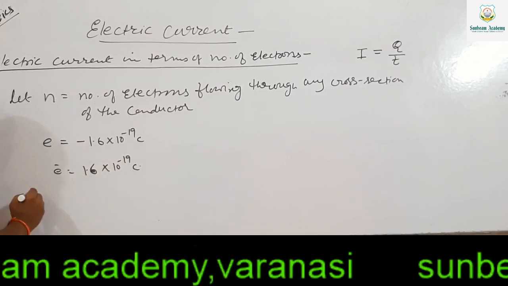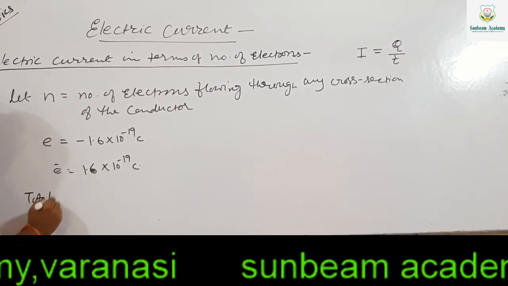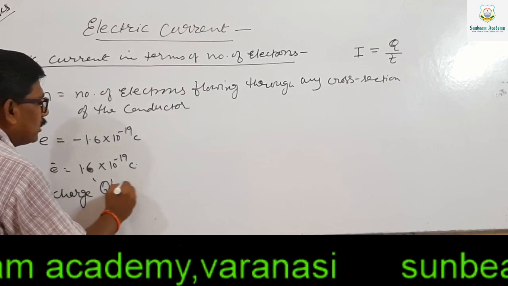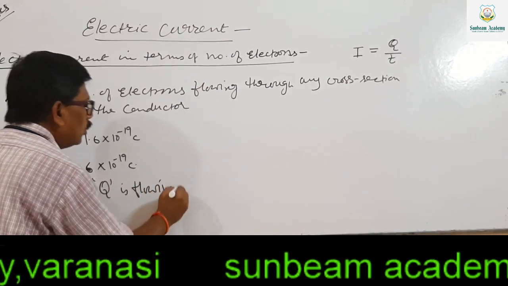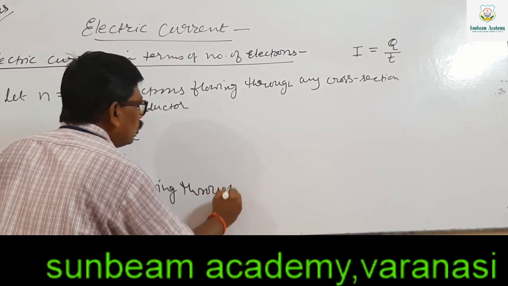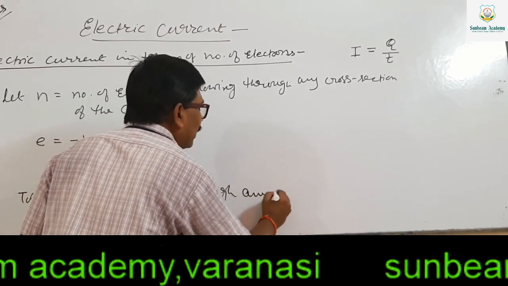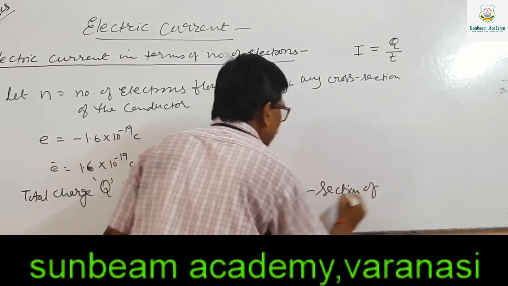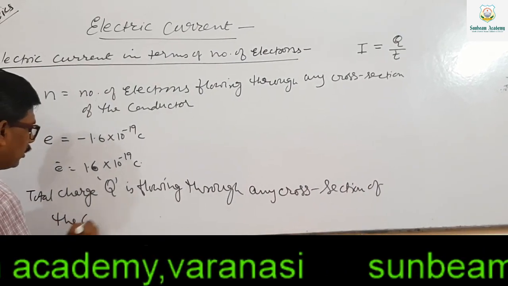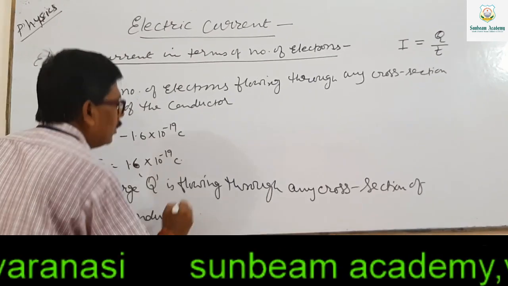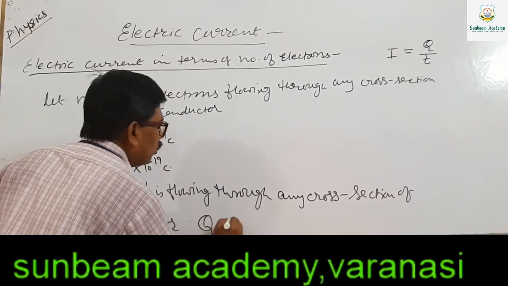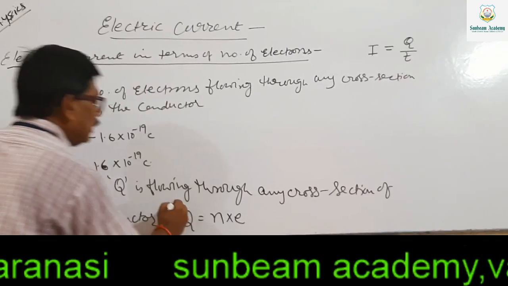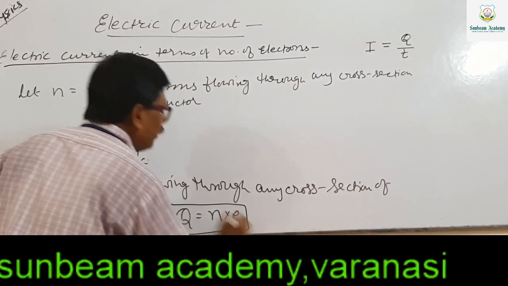Then the total charge Q flowing through any cross section of the conductor will be Q is equal to N into e, which I have already explained in the previous class.